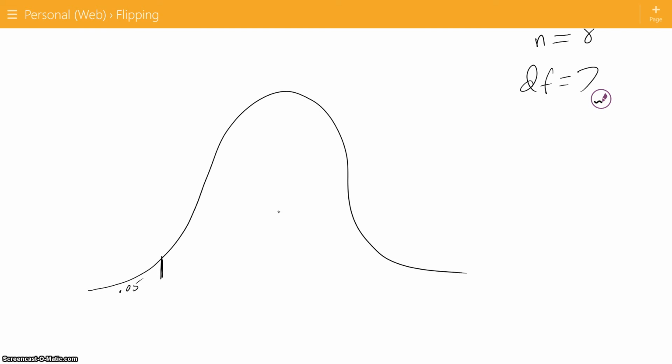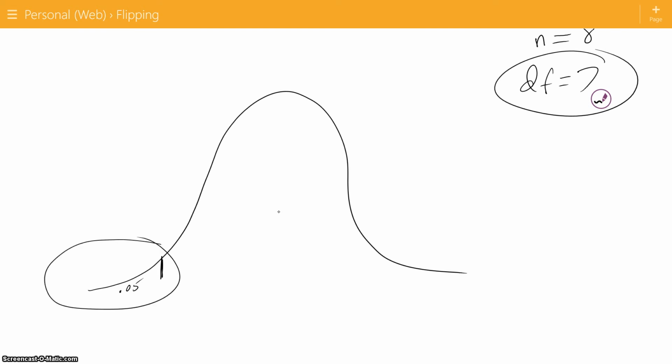So I look up 7 degrees of freedom combined with a one-tailed. Notice I'm only looking at the left right now. I'm only concerned about less than. That's my alternative hypothesis. My alternative hypothesis was that mu is less than 100. So I'm looking at it going off to the left. That's why the 0.05 is over here.